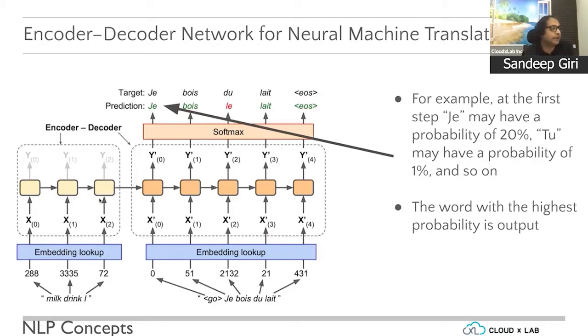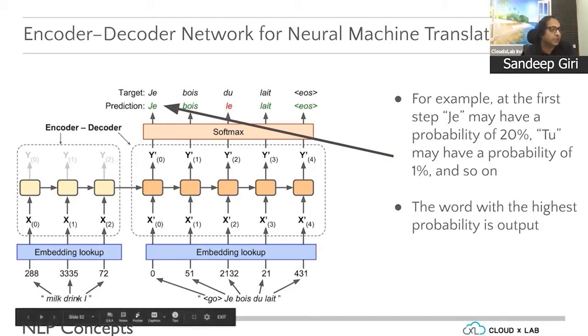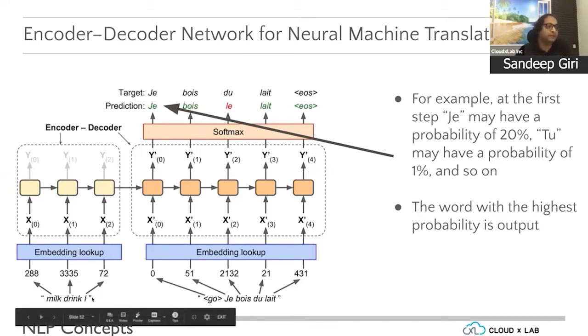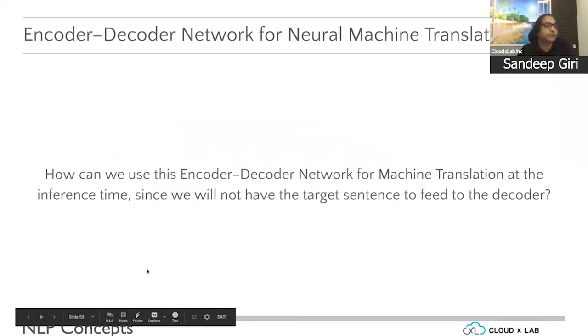Instead of having an RNN like this, we'll have two parallel RNNs exactly like this, and we join them like this. In one, we feed milk, drink, I. In the other, we feed I, drink, milk, and then we concatenate the results.